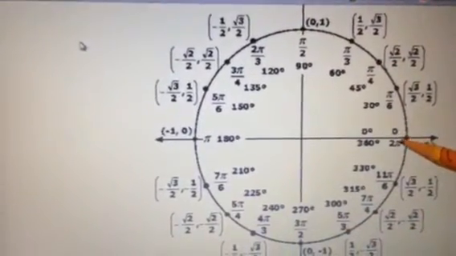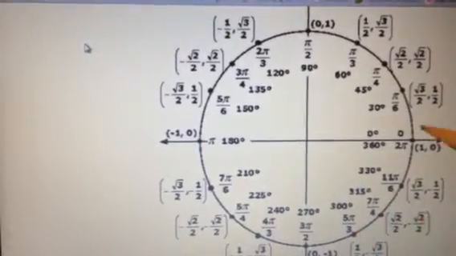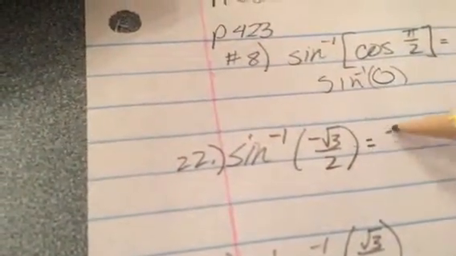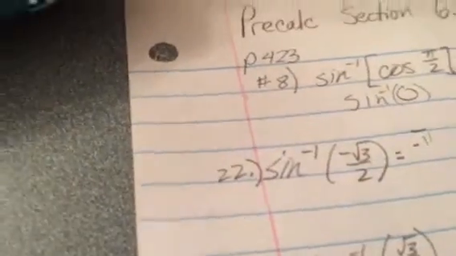Instead, I just want the one closest to 0, which is a negative pi over 3, right? It's just down pi over 3. So the answer to that would be negative pi over 3. There we go. All right, next one.